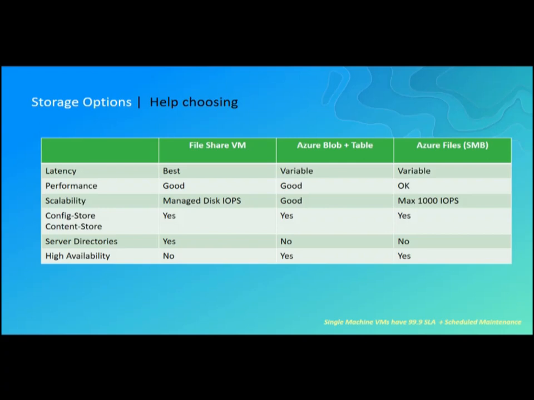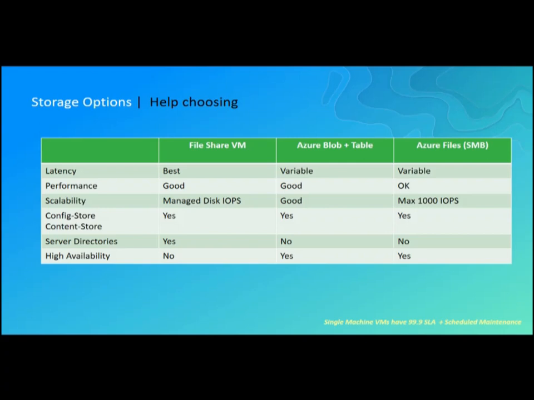If you couple that with scheduled maintenance, which allows you to schedule updates of those VMs, you have more control over when that file share might be taken offline for maintenance within the data center. So if you couple those two together, you get a really high SLA that meets most people's needs. Unless you have a 5.9 SLA that you need to meet, you probably can use file shares as well.